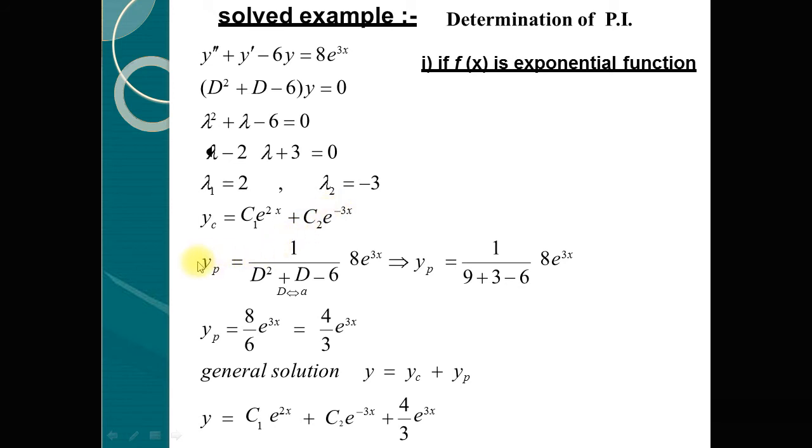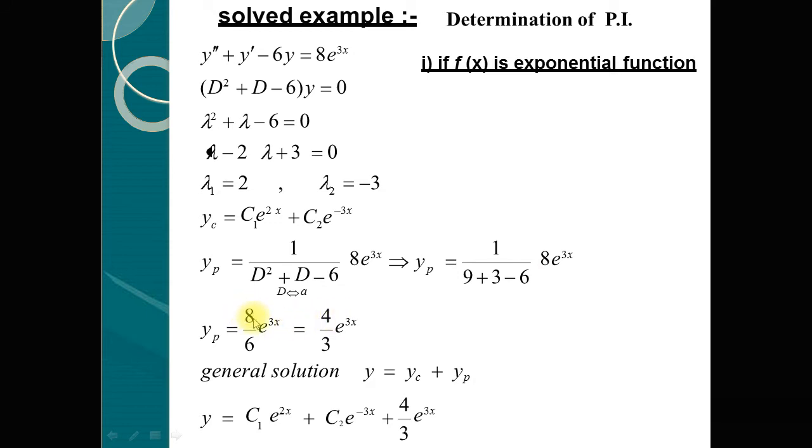Now for the particular solution, write the differential operator in 1 over form, and this will be treated as an integral: 1 over d square plus d minus 6 into the right hand side function, which is equal to 8 e power 3x. Now replace d by the coefficient 3, putting d equal to 3. So 1 over 9 plus 3 minus 6 into 8 e power 3x. 9 plus 3 is 12, 12 minus 6 is equal to 6.